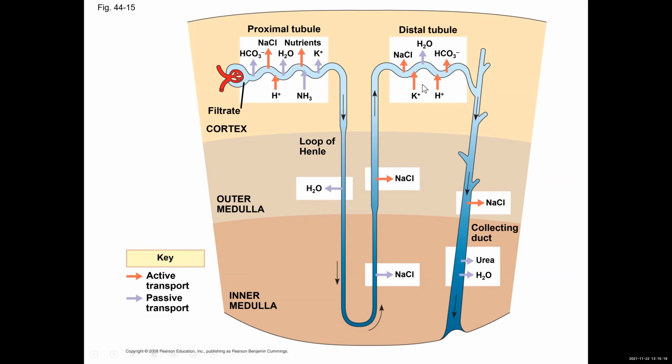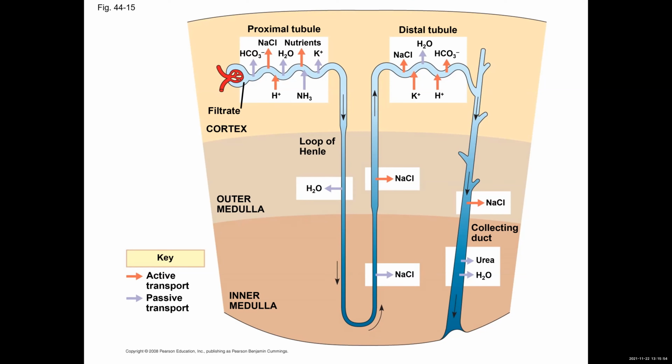So basically, to summarize again, as quickly as possible, for the most part, we're going to have regions where sodium ion, and also chloride ion, though we care more about the sodium ion, is going to be pumped out by active transport, and the water is going to follow it, right, by passive transport. So notice the difference in the color of the arrows: active transport is going to be these orange or red arrows.